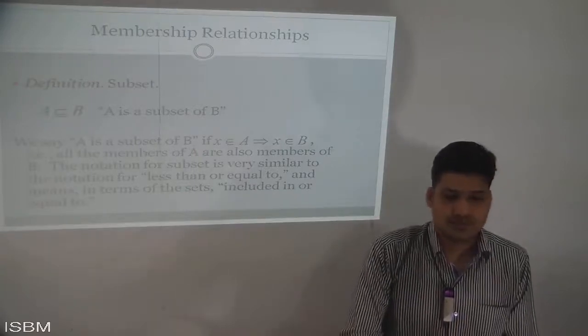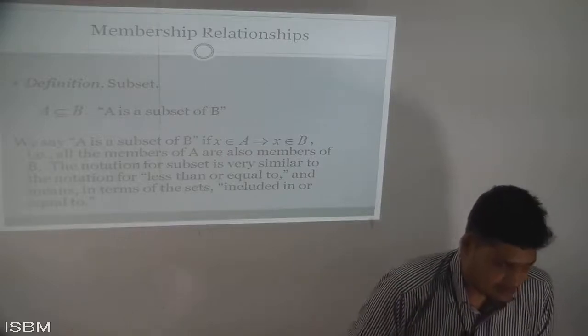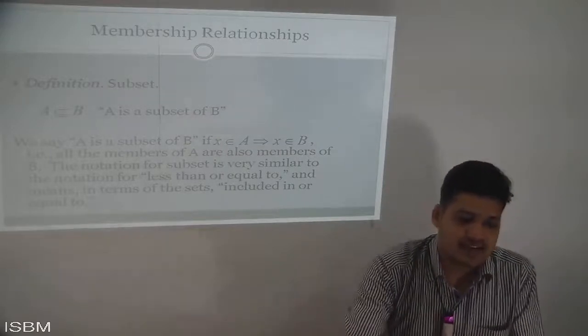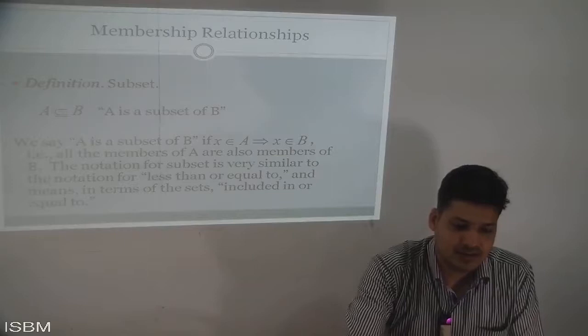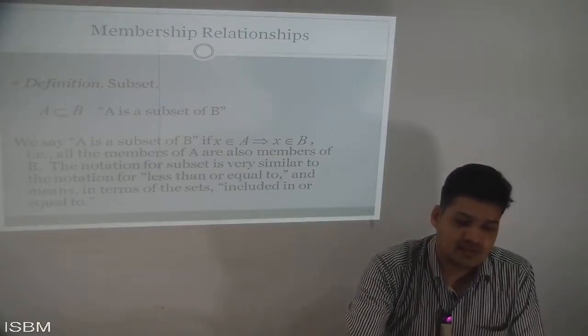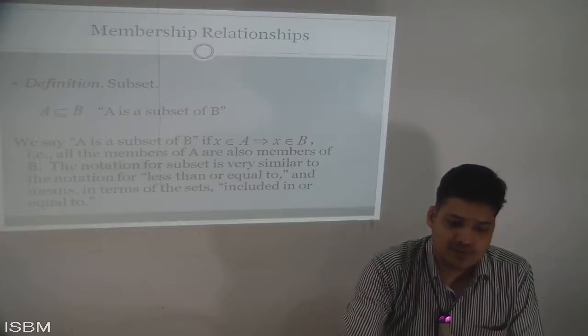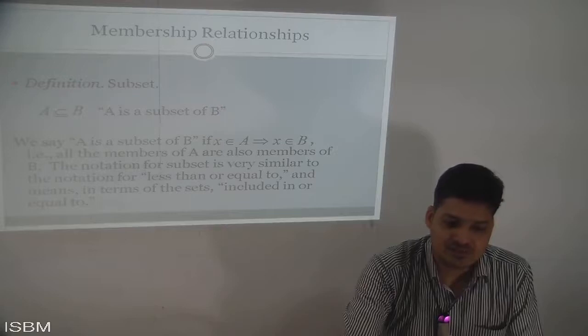So the definition of subset, the membership relationship of sets. In verbal communication it is written over here, A is a subset of B. How do we denote that? This is the denotation of the subset.